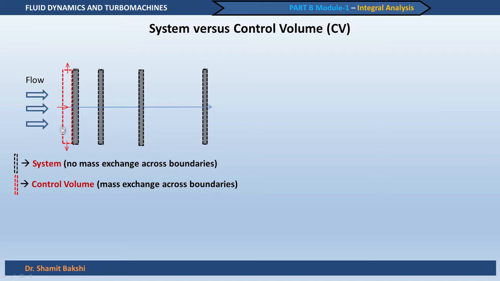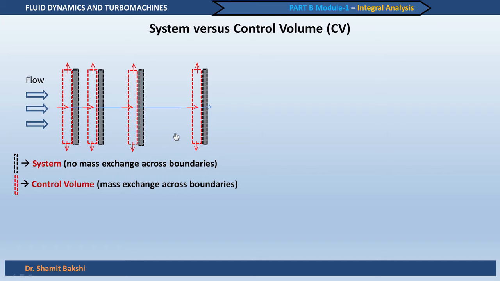So, this is basically a control volume. A control volume is a region in space across which there could be mass exchange, and of course there could also be energy exchange across the boundary. Now, if we follow the trajectory of the plate, we will see that the control volume also moves along with the plate for doing the analysis.